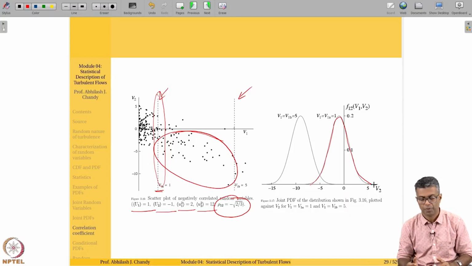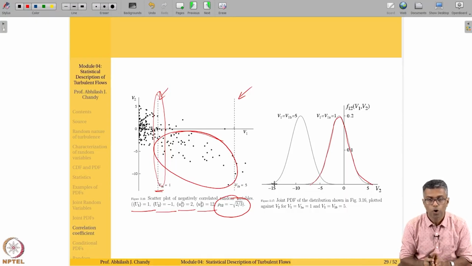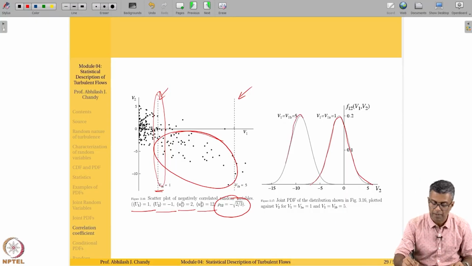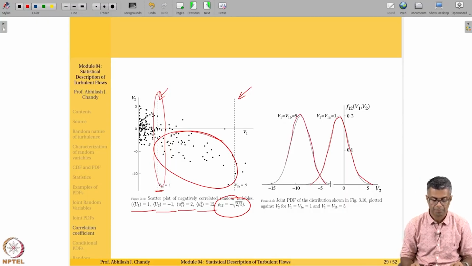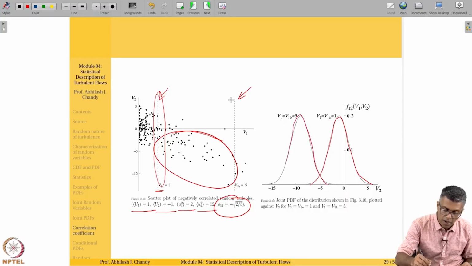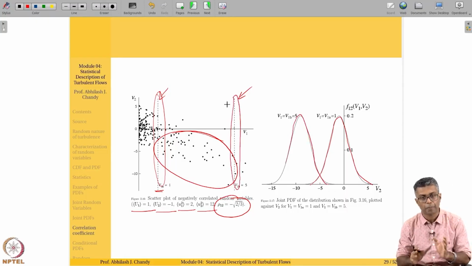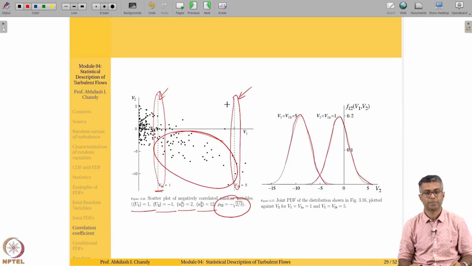So it becomes a conditional PDF. Same goes here. For V1 equals 5, what is the joint PDF? That becomes a conditional PDF. So these are all the points when V1 is approximately equal to 5. The PDF of all the points when V1 is equal to 5.